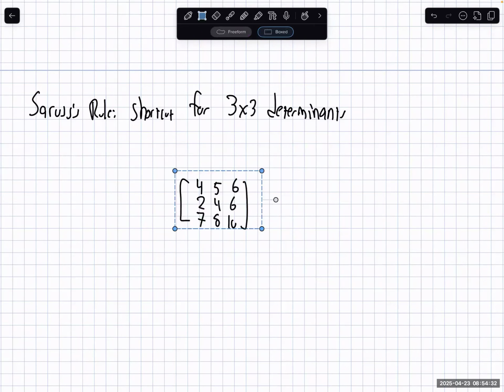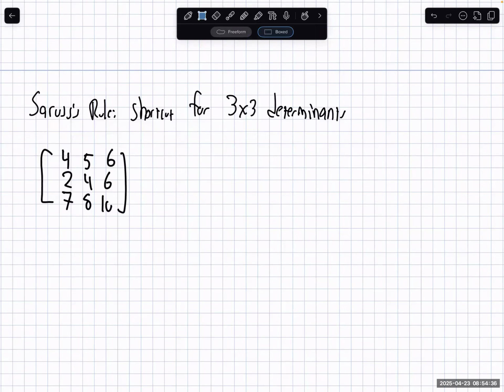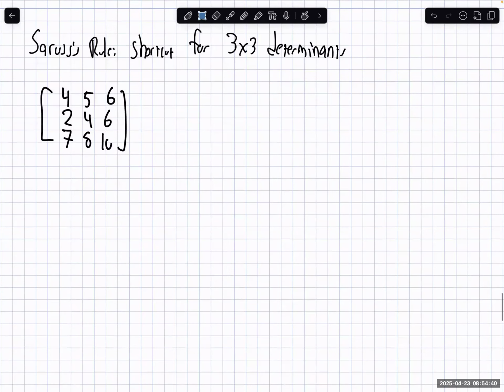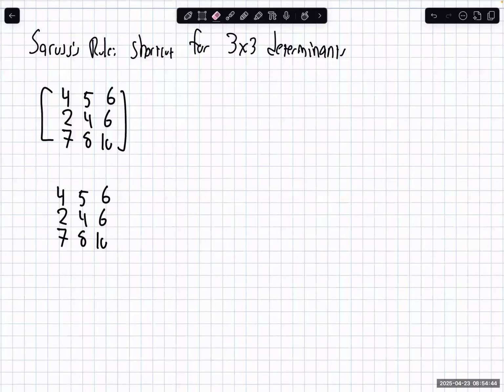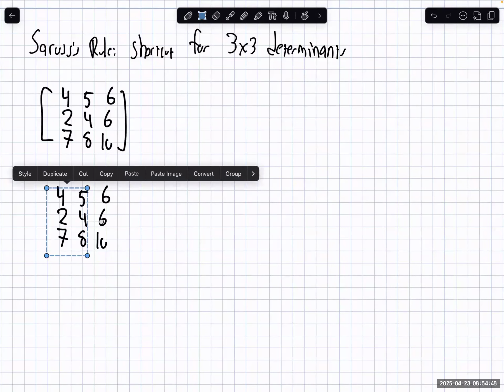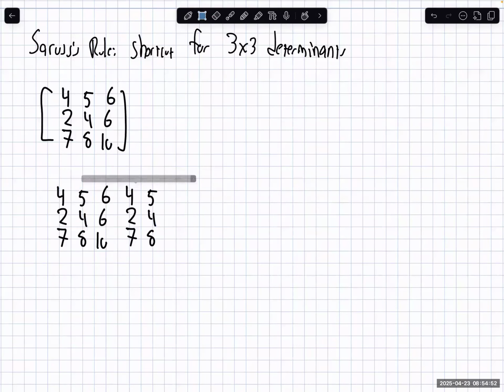So, same matrix, a little bit bigger. What I'm going to do is take the matrix, grab the first 2 columns, and copy them again over here.